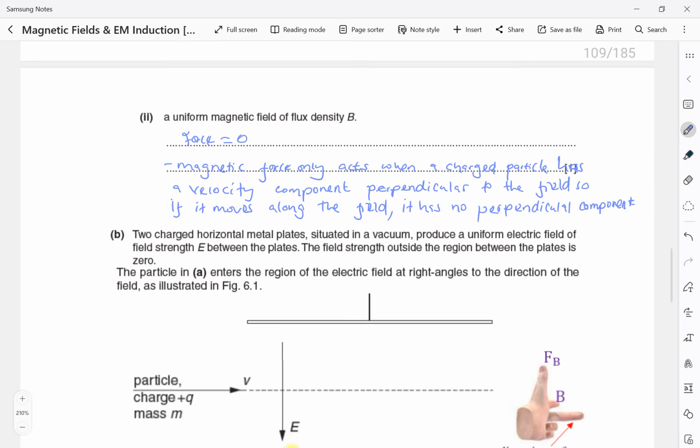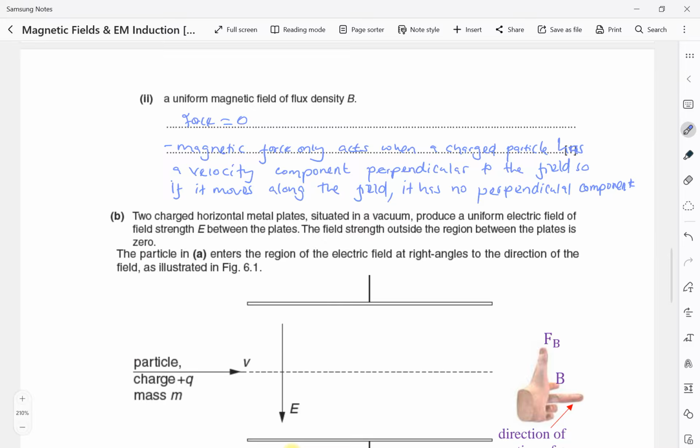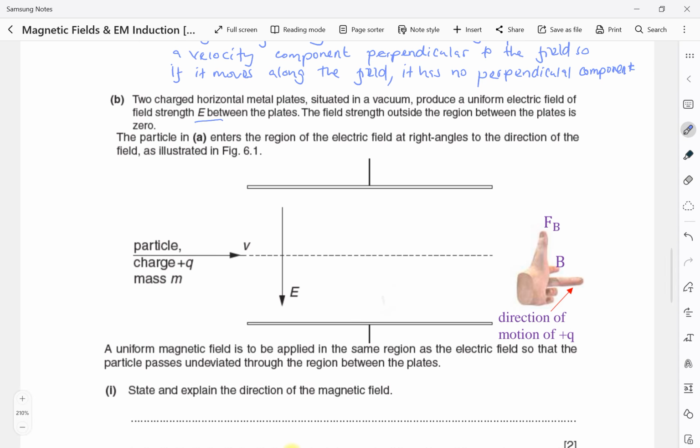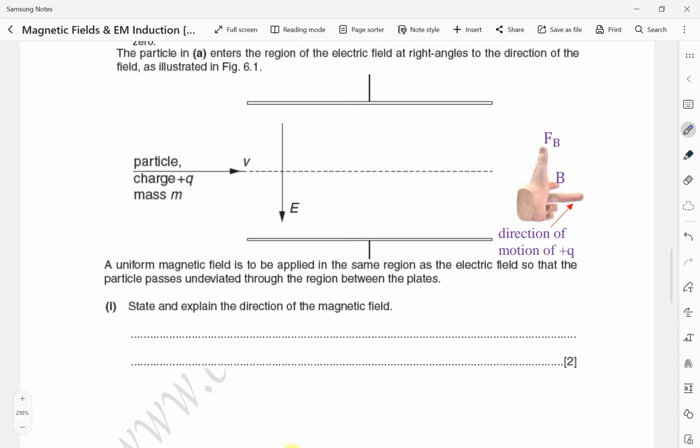Two charged horizontal metal plates situated in a vacuum produce a uniform electric field of field strength E between the plates. The field strength outside the region between the plates is zero. The particle in A enters the region of the electric field at right angles to the direction of the field as illustrated here. So we have a uniform electric field.